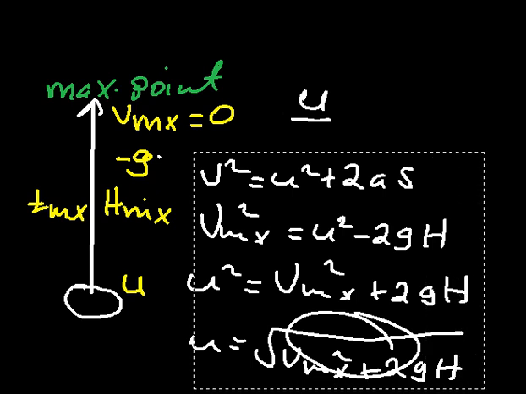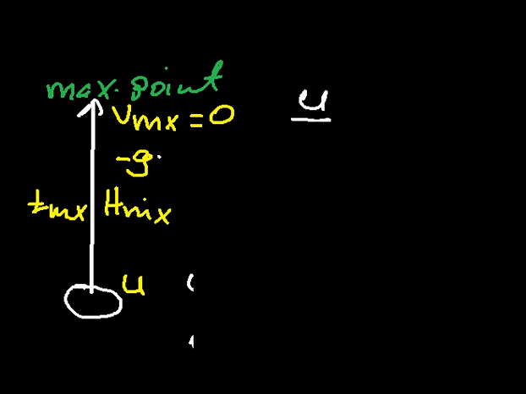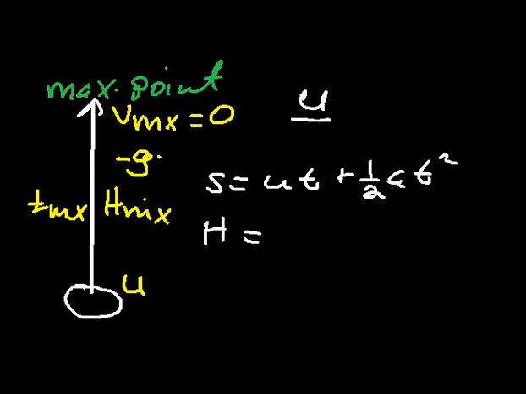In some cases, we have other parameters to be used. I can also use this formula as well, the displacement: displacement is equal to ut plus half at square, where the displacement is given as h, t is t max, the time for the object to reach this point, and minus half g t max square.